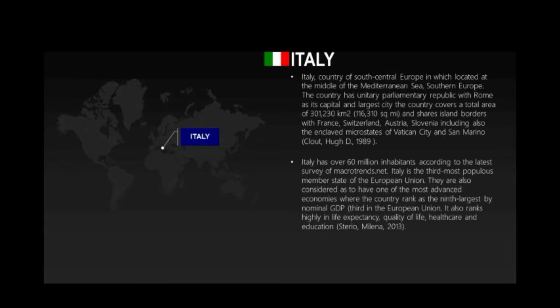The country covers a total area of 301,230 square kilometers, which is equivalent to 116,310 square miles, and shares land borders with France, Switzerland, Austria, Slovenia, including also the enclave microstates of Vatican City and San Marino. Italy has over 60 million inhabitants according to the latest survey of Macrotrends.